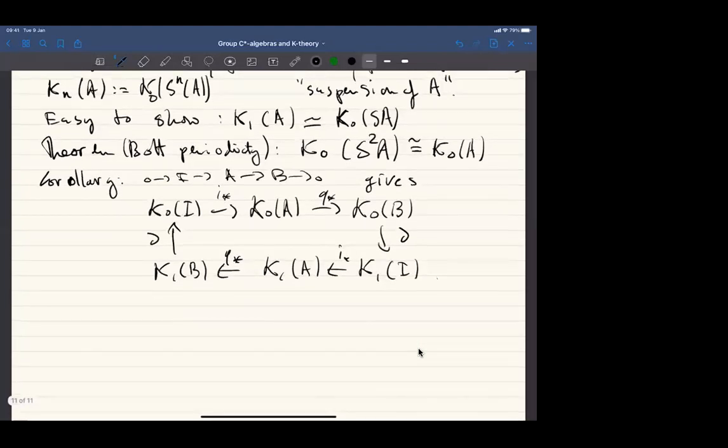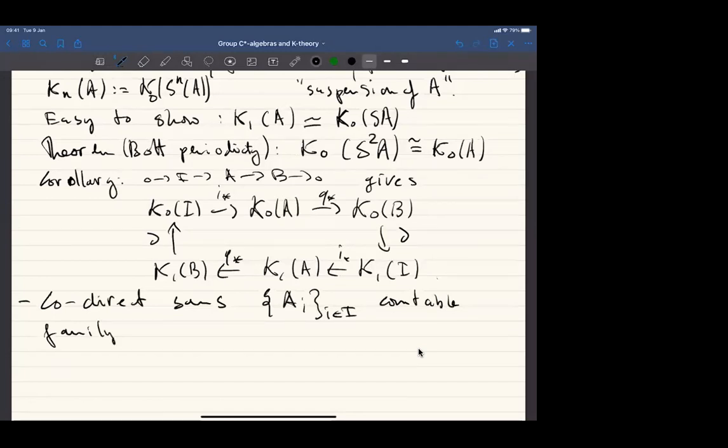One last property we will need is the behavior of K-theory with respect to so-called C0 direct sums. Suppose we have a countable family, well, it doesn't even have to be countable.